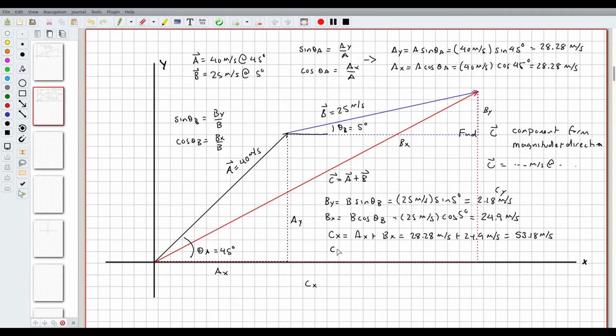Now the y part, you just add the y parts together. 28.28 meters per second plus BY, 2.18. And when you add those two together, you're going to end up with 30.46.